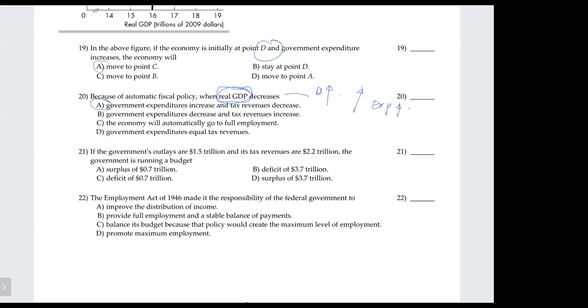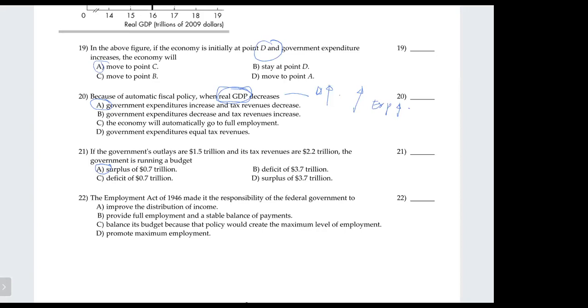Now 21, if the government outlay is 1.5 trillion and tax revenue is 2.2, then the government is running a surplus of 0.7, right? So for the U.S. economy, this usually doesn't happen.